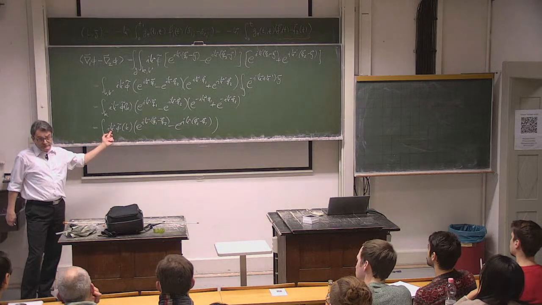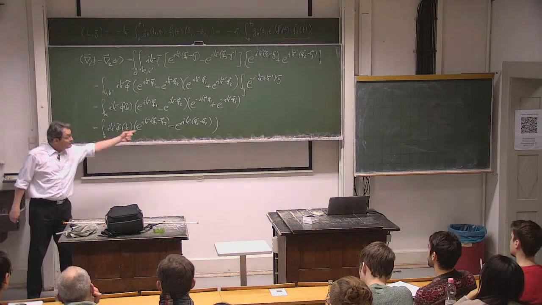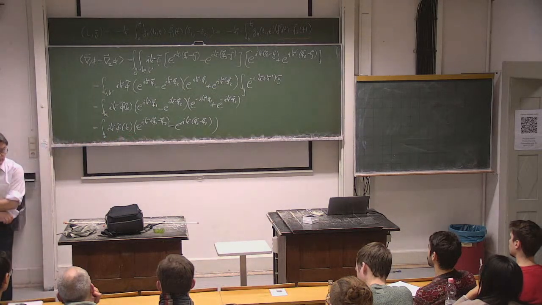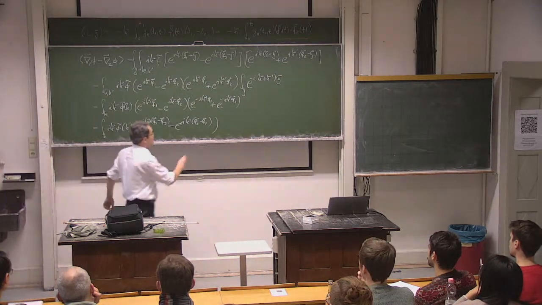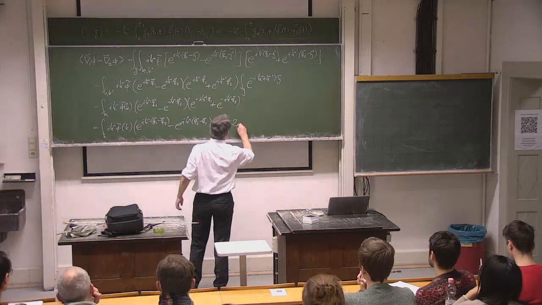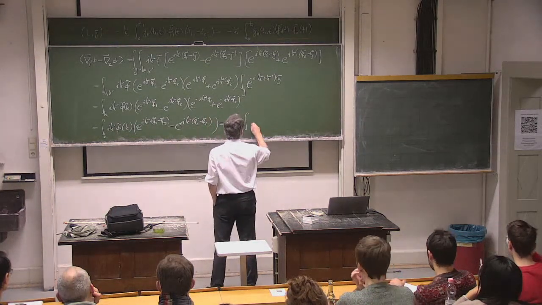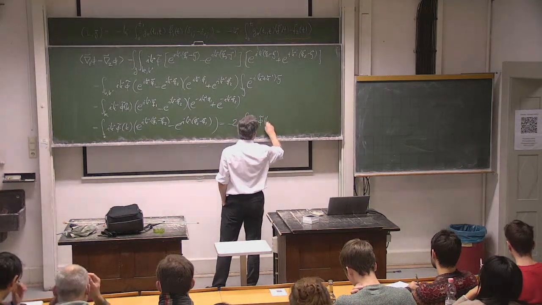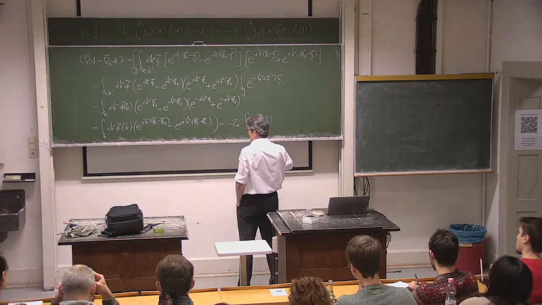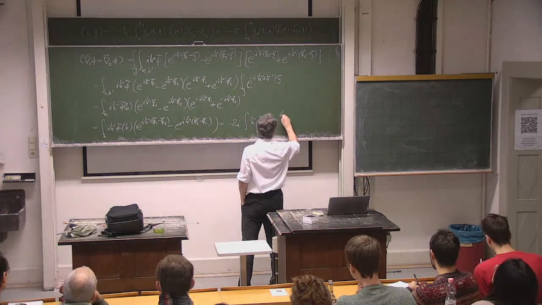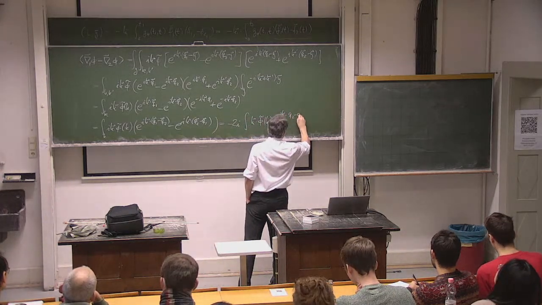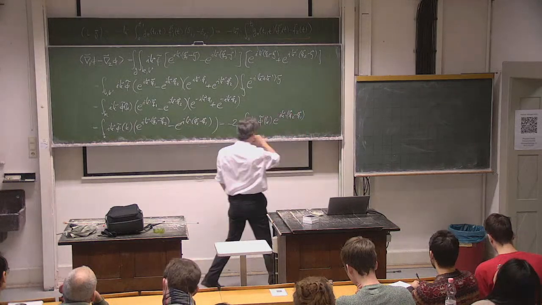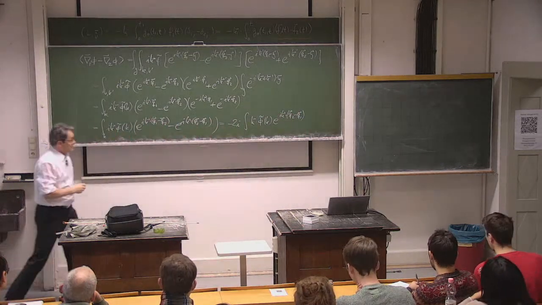It will change the sign of this vector k here. So then I will have a minus sign in both. So this is just minus 2 times I, now an integral over k phi tilde of k e to the I k (q2 minus q1). That's it.